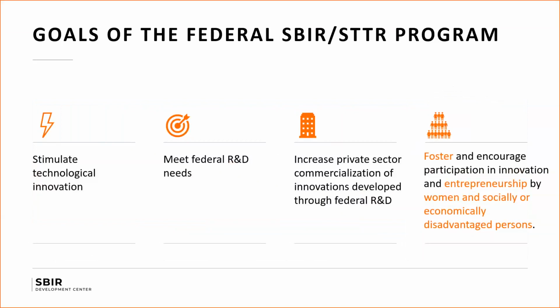The third is to increase private sector commercialization of innovation that's developed through federal R&D, so that could be through grants or maybe intramural things happening at NIH, because this really is an economic stimulus program in addition to being a technology development program. And finally, to foster and encourage participation in innovation and entrepreneurship by women and socially and economically disadvantaged persons. That's not my language, that's language just in the legislation.